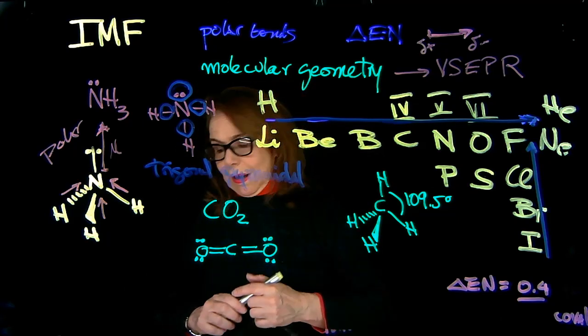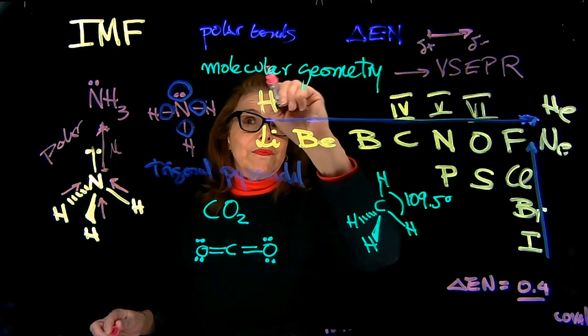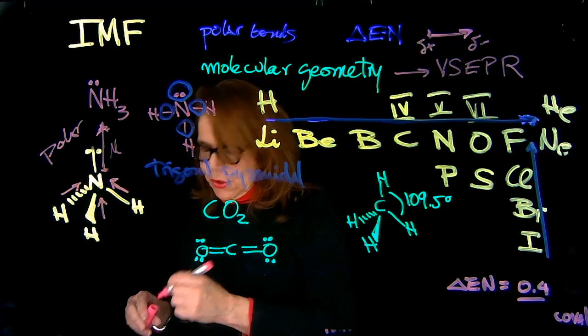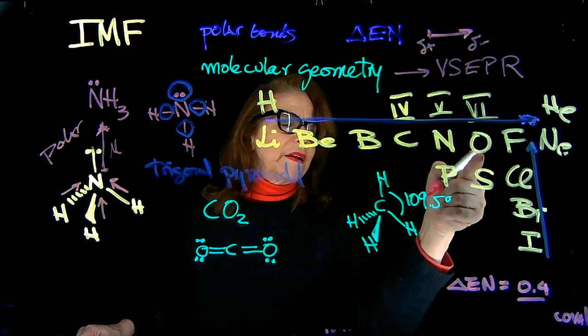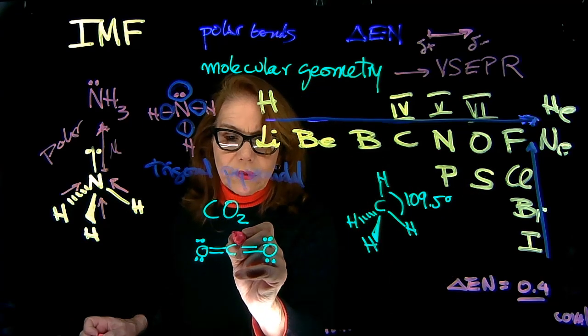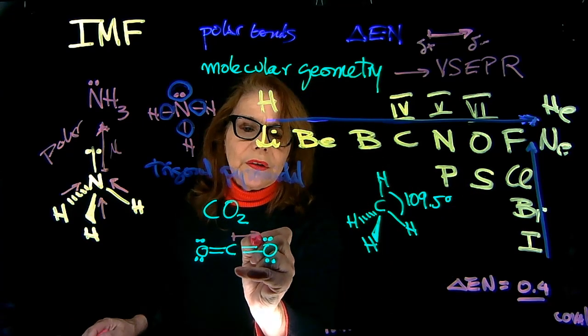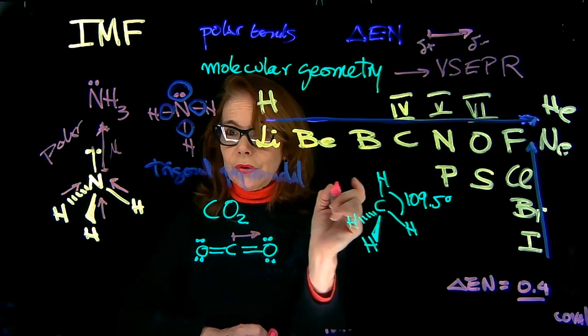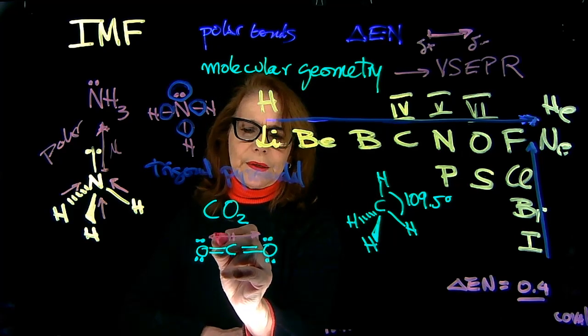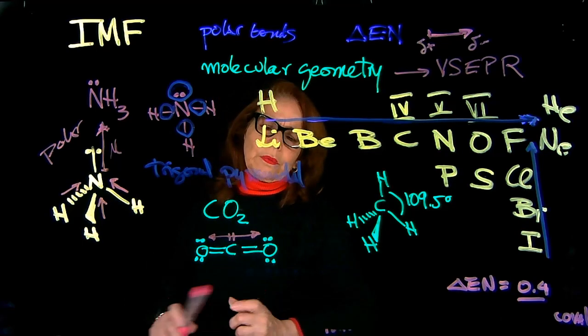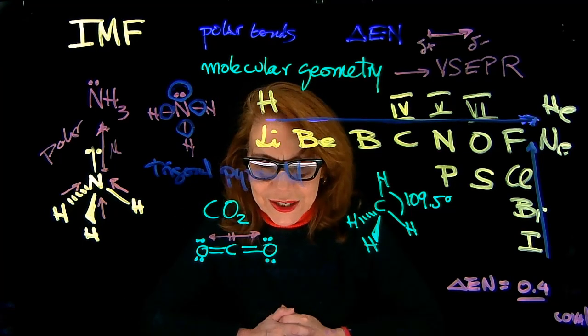Now, how many domains do we have? First, let's do the polar bonds. Oxygen is more electronegative than carbon, so I'm going to draw an arrow pointing in this direction. I still don't know the geometry, but we're going to discuss that in a minute. So we have a couple of polar bonds. Is the molecule linear, yes or no?